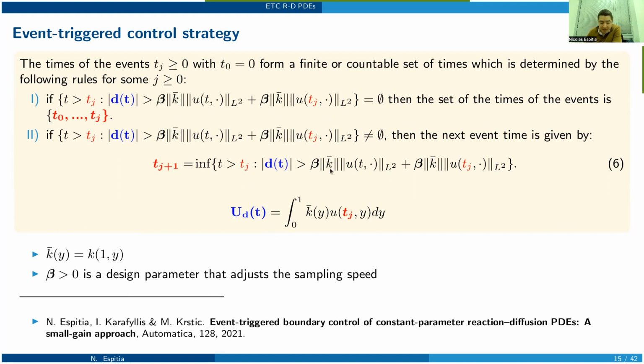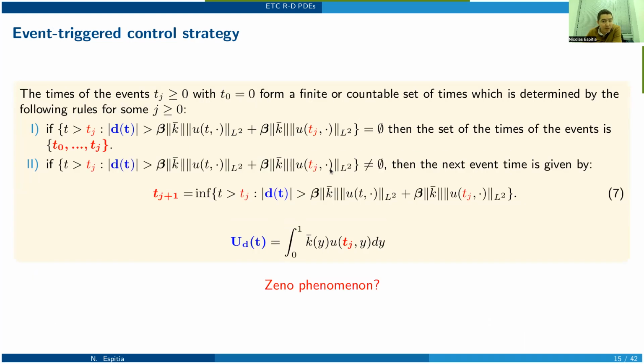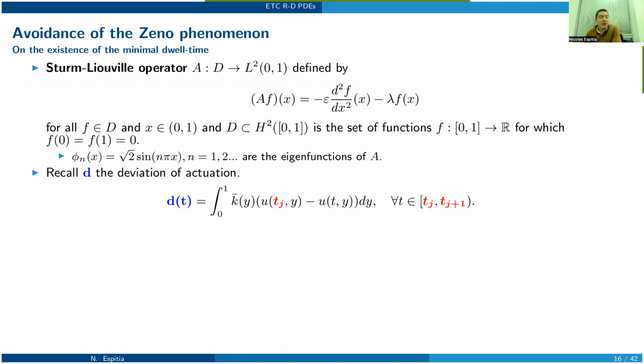But in that case, the natural question is, can we avoid the Zeno phenomenon? And the answer is affirmative. We can avoid the Zeno phenomenon, and let me show you some ingredients on how to prove that there is no Zeno phenomenon.